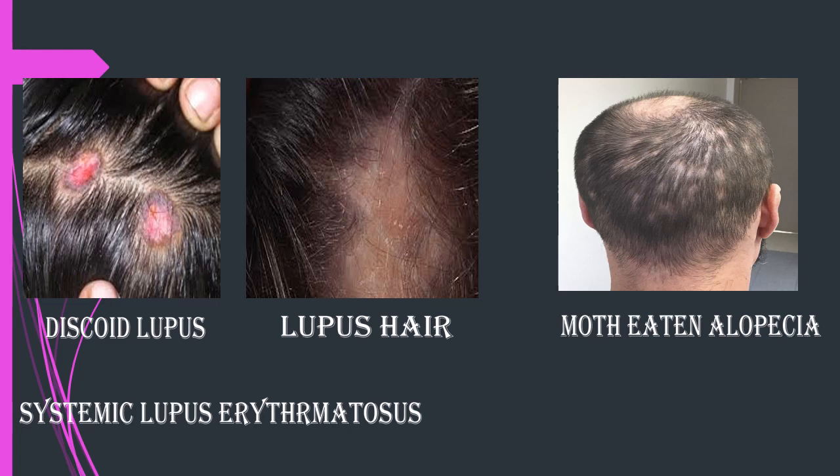In SLE, both scarring form, that is discoid lupus, and non-scarring form, that is lupus hair alopecia, are seen. The lupus hairs are multiple short hairs, mostly seen in the frontal scalp region in SLE. And in the secondary stage of syphilis, scattered, poorly circumscribed patches of alopecia with a moth-eaten appearance may be seen.